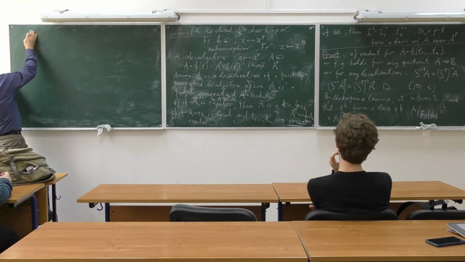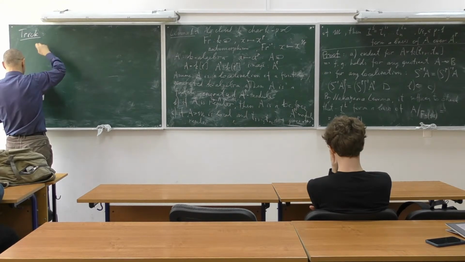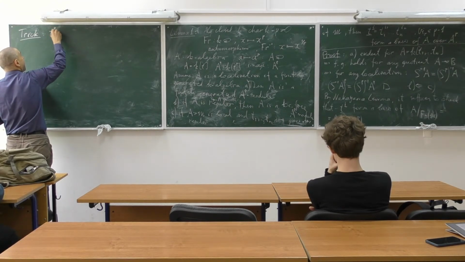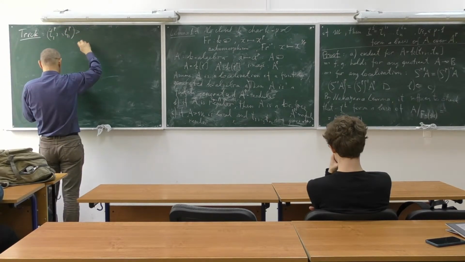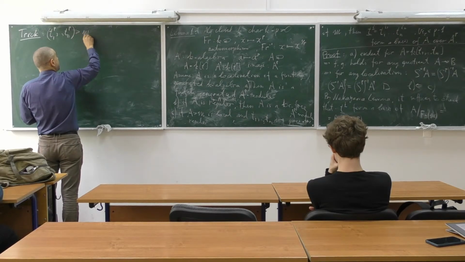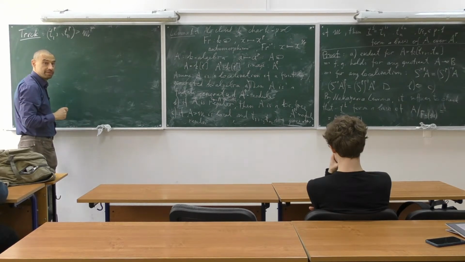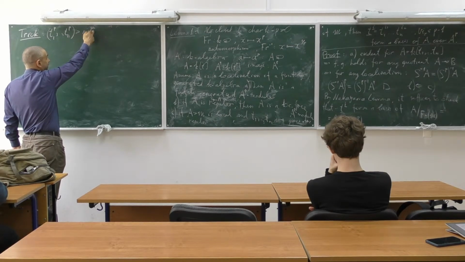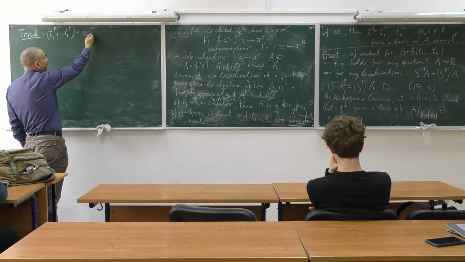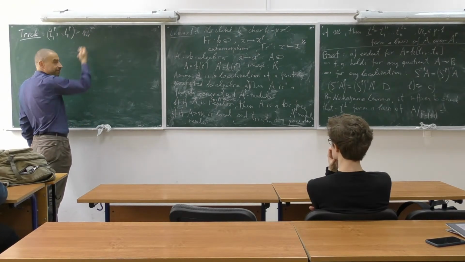The trick is that this ideal contains the maximal ideal to the power pn, right? Because if I take this long product of any generators, then at least one of them will be in the power p.